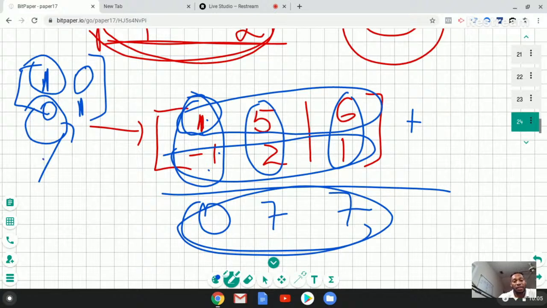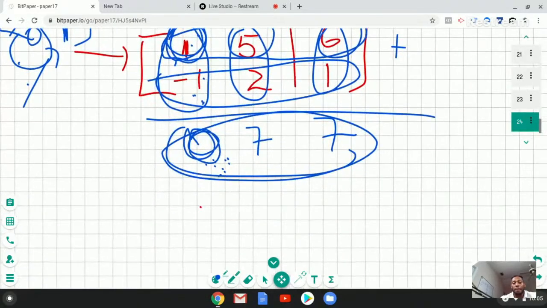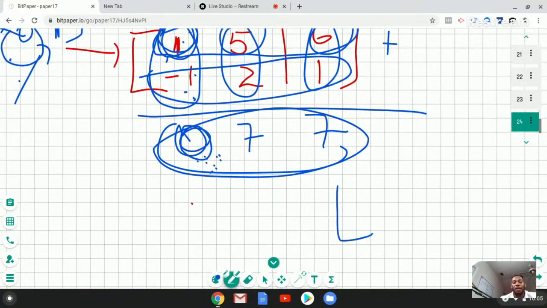To get a 0 in the second row, first column, we just add the first row to the second row. When I add 1 plus a -1, that's going to give me a 0. And that's my new row number 2.